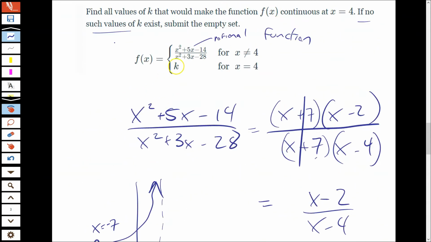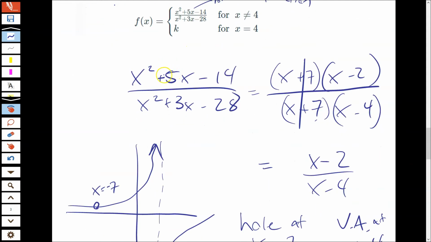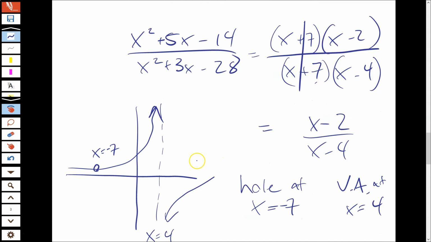So let's go back and think about what this is saying, right? So this is saying that this is the function everywhere except for at x equals 4. Okay? Well, if k was the function at x equals negative 7, we would have an easy time, right? Because we just solve for what that y value should be by plugging in negative 7 and make that our k. And then we kind of plug that hole, right? But we can't plug this hole because we have an infinite discontinuity.